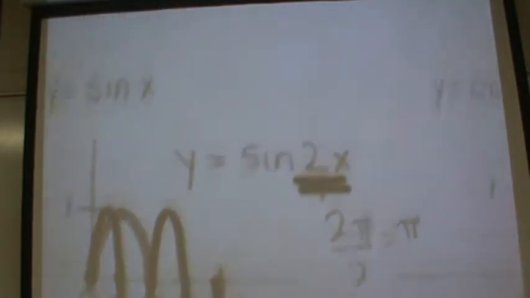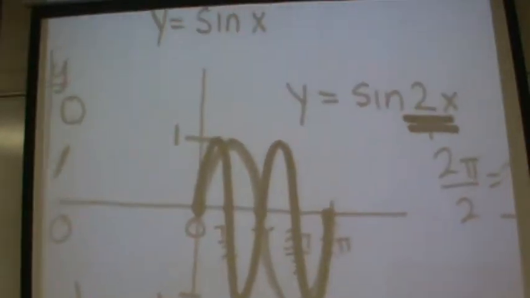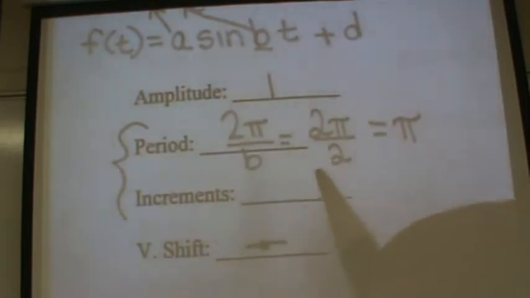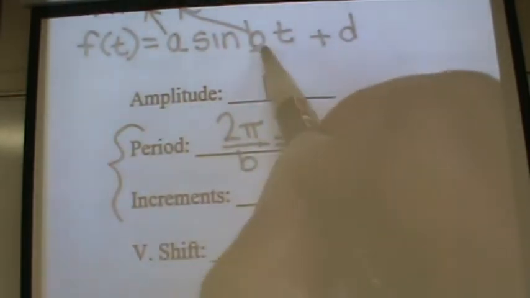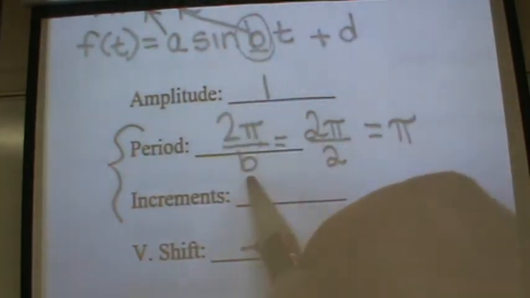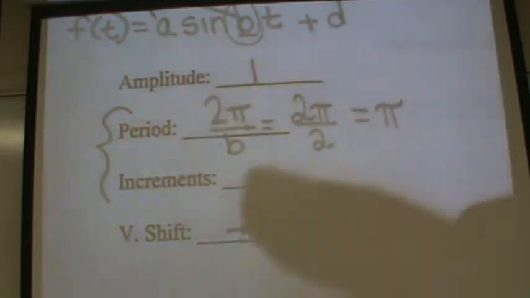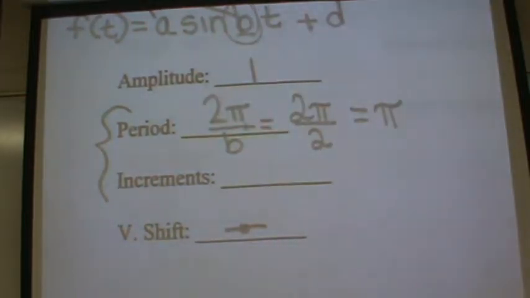Because it's really hard to read these numbers, we're just going to change our x-axis. So I want you to take 2 pi and find the B value. You do 2 pi divided by B. How many increments did it take us to get from 0 to 2 pi? How many sections were there? There were 4.